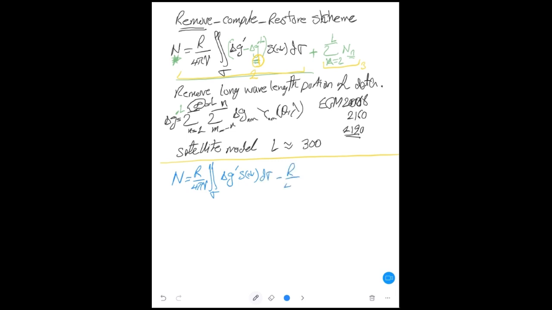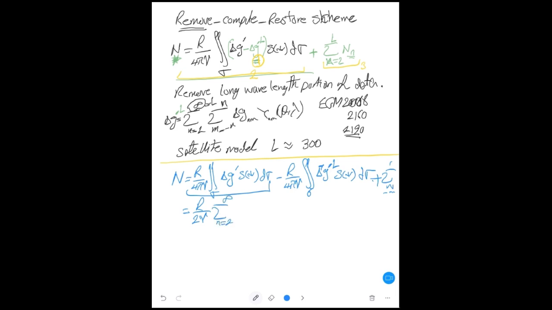The integral of N equals R over 4 pi gamma integral of delta g prime, and the sign is minus R over 4 pi gamma integral of delta g prime L, which is the long wavelength portion.